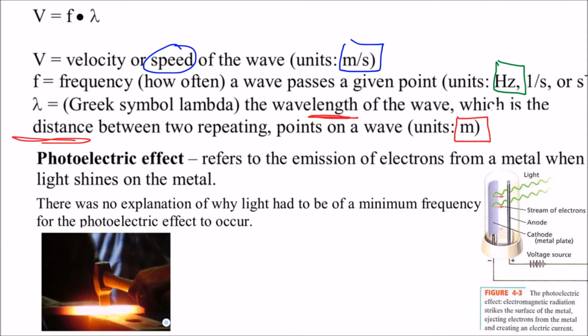Okay, let's talk about the photoelectric effect here. The photoelectric effect is when a metal atom shines, or it emits light, it glows, and the reason for that a lot of times is because it's hot. So you'll see here that this metal is emitting light because it's got so much extra energy from being heated up.